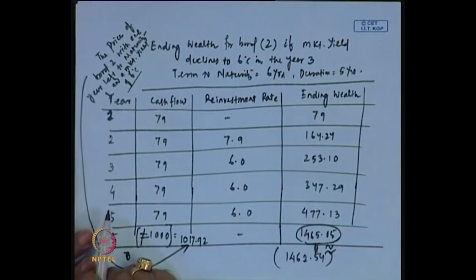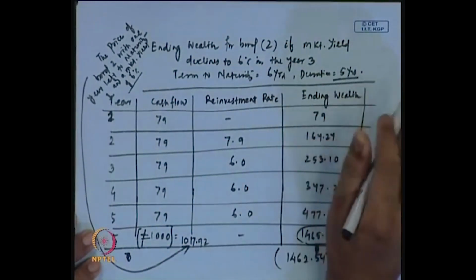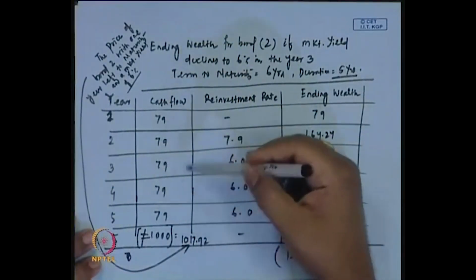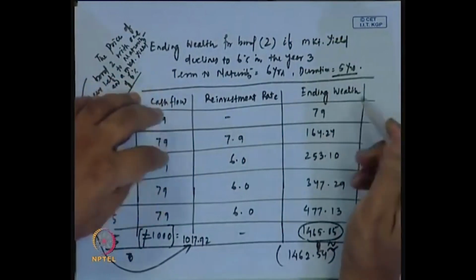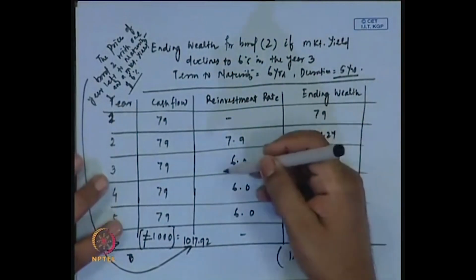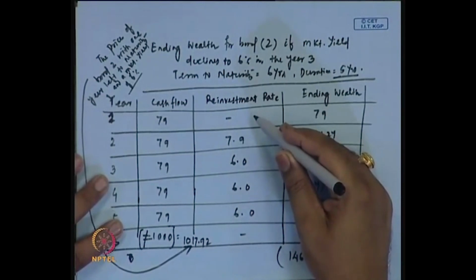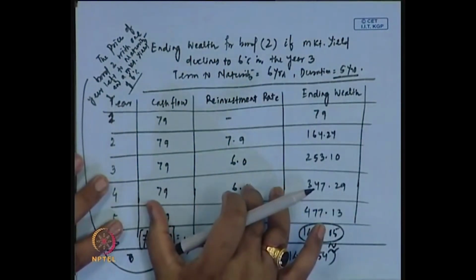Therefore, we can say that if your investment horizon period is 5 years, then instead of holding a bond whose term to maturity is 5 years, we should hold a bond where the duration is 5 years. By that, because of the changing nature of the interest rate, when the value of the bond goes down, the reinvestment risk basically goes up, so they can cancel each other.